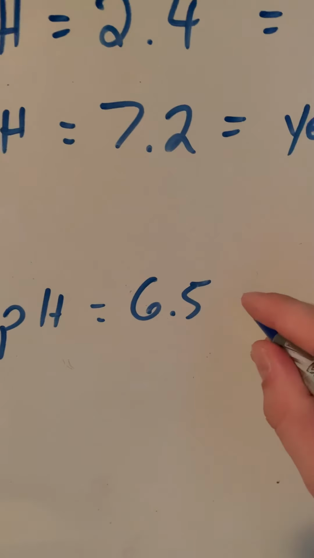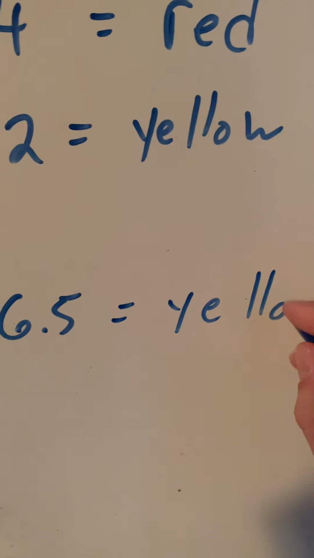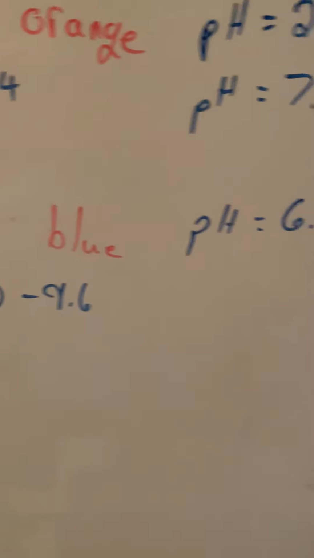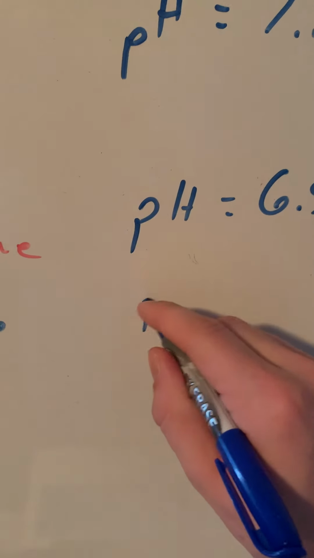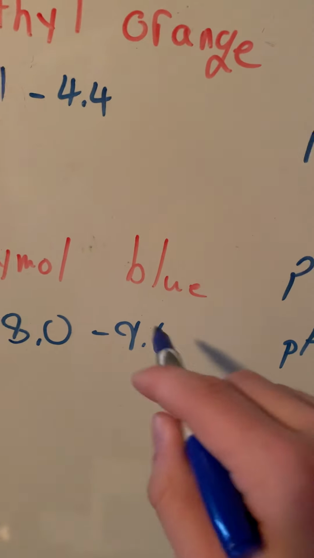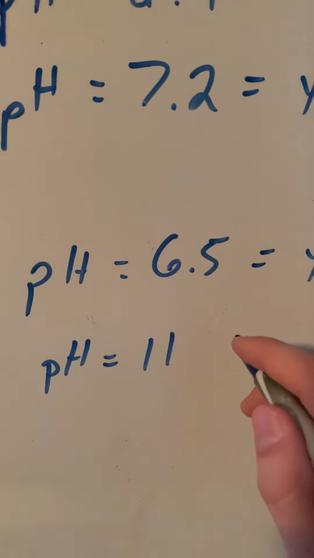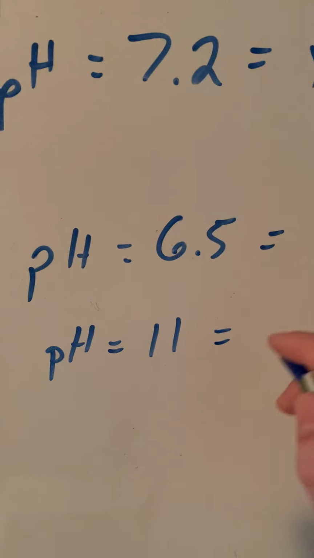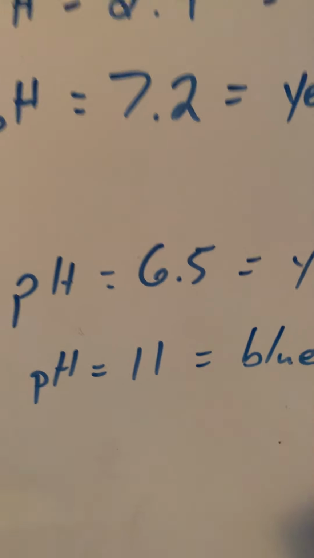So at 6.5, thymol blue is going to be yellow. If I have a pH of 11, I'm on this end of the spectrum now. I'm past the 9.6, which means that this will be blue.